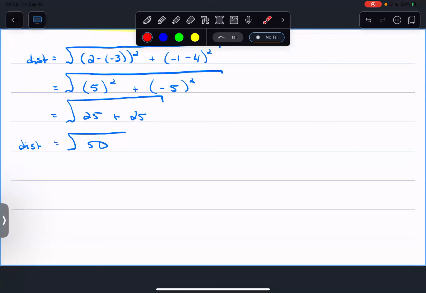But I'll just leave it in exact form, which is the square root of 50. I don't think the square root of 50 is anything nice, is it? Yeah. Nah, I'll just leave it at root 50.